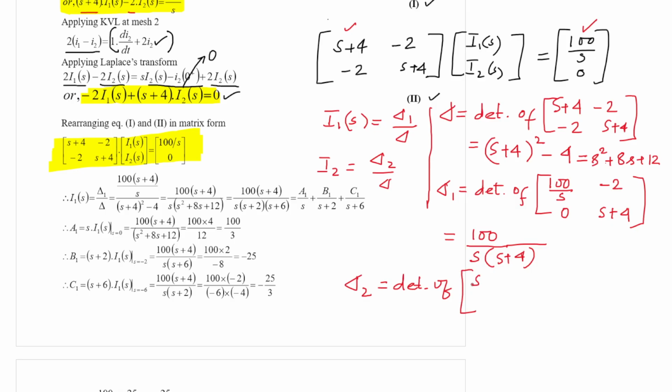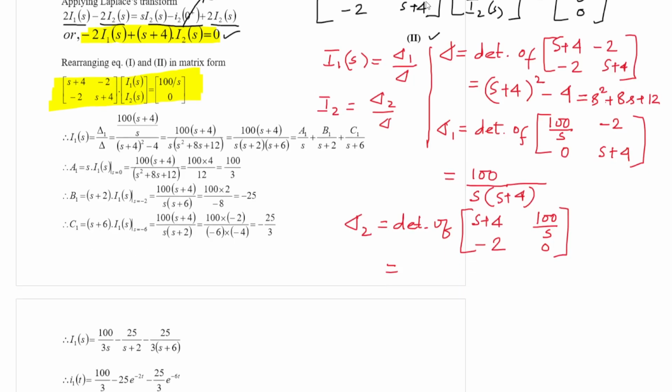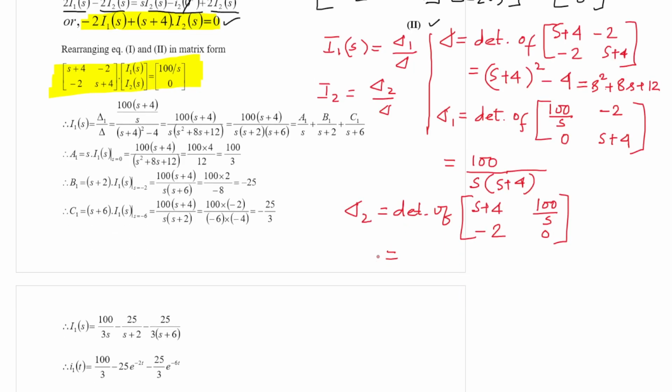Now this time s plus 4, minus 2. Now this column should be substituted by this right hand side. So 100 by s, into 100 by s, then 0. So delta 2 becomes 100 by s.